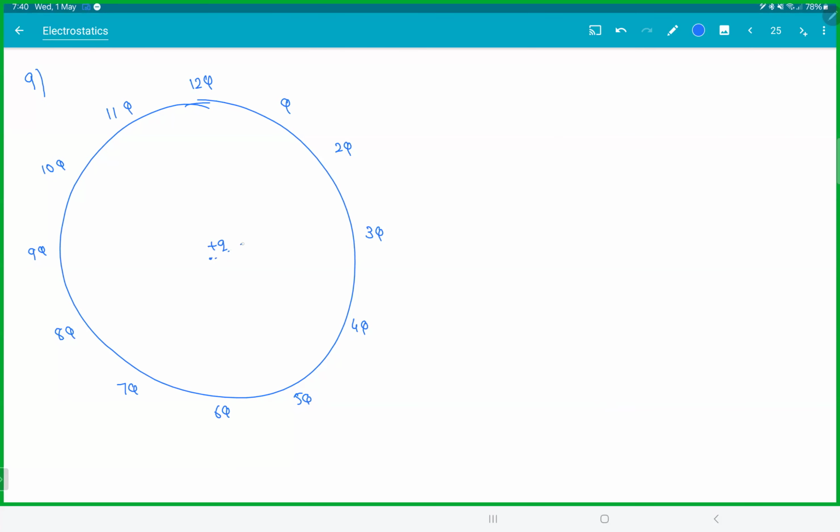Radius is r. Find the net force on the small q due to these 12 charges. Charges are placed on a clock, equally spaced, basically.